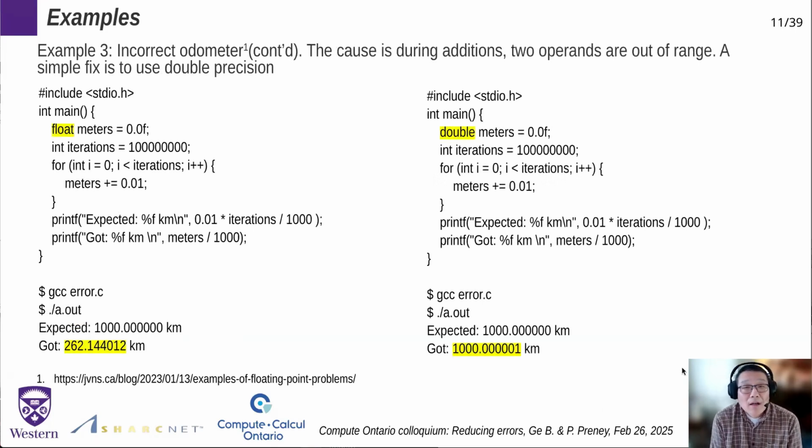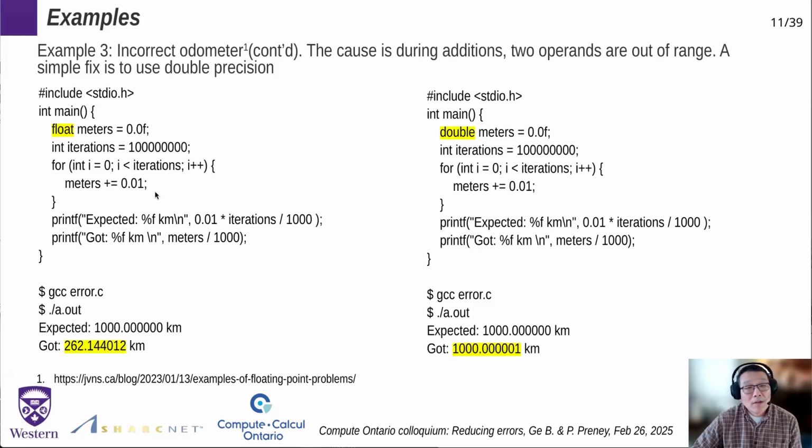The cause is that during the additions, the two operands are out of range. Why? Because when meters is getting bigger and bigger, compared to 0.01, they're just out of range. Meters is too big, and 0.01 is too small.